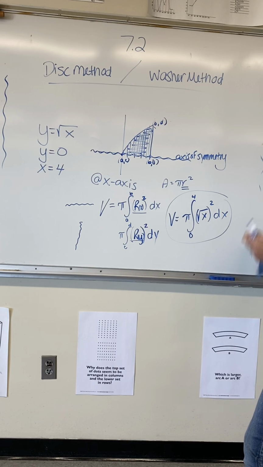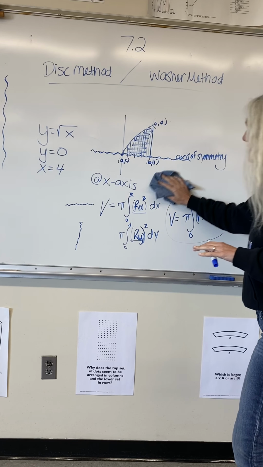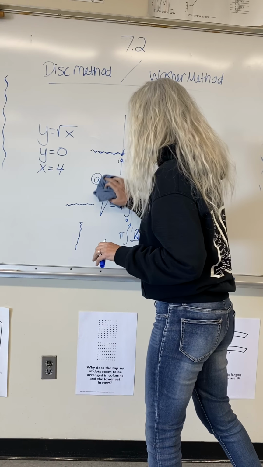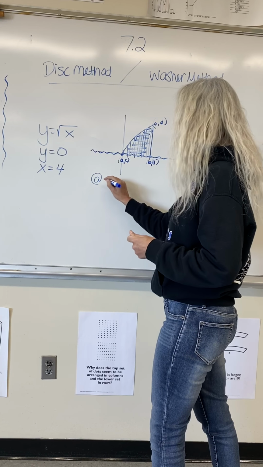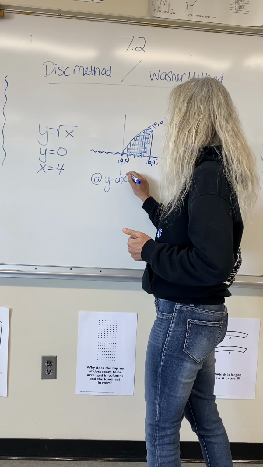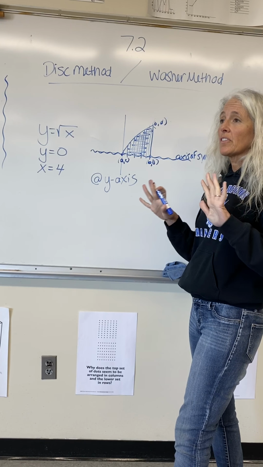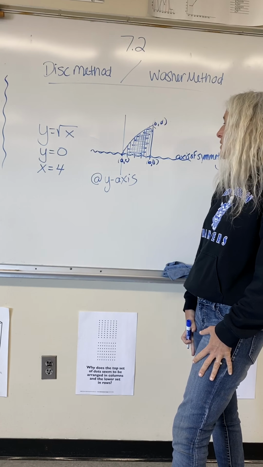Now, second question. Let's take exactly the same setup, and instead of revolving around the x-axis, let's revolve around the y-axis. Even though the picture is the same, depending on what we revolve around, it changes the way that you approach it entirely.